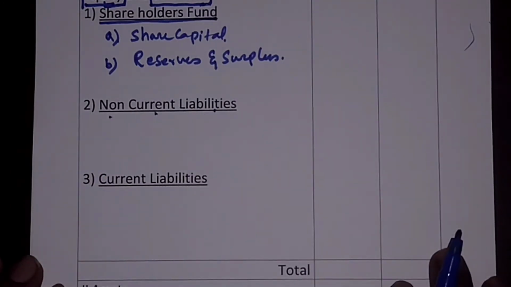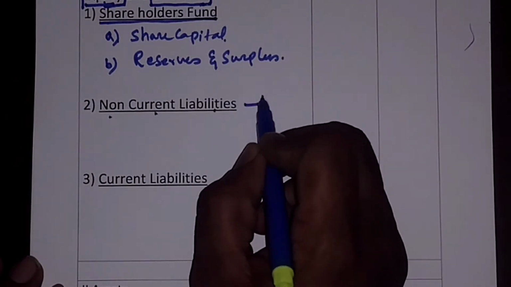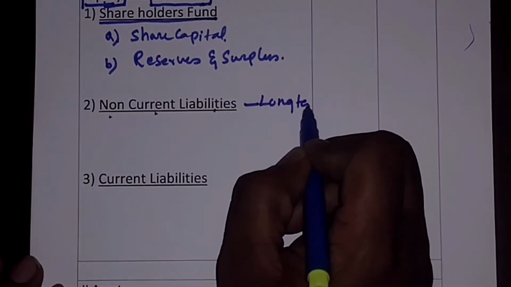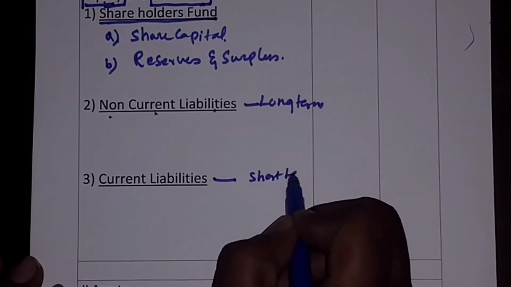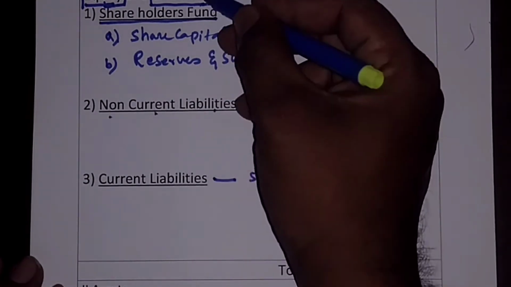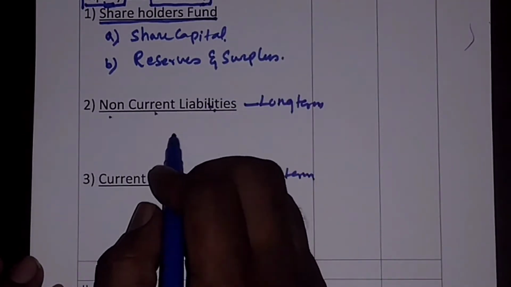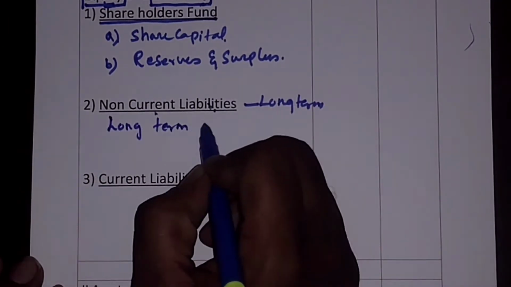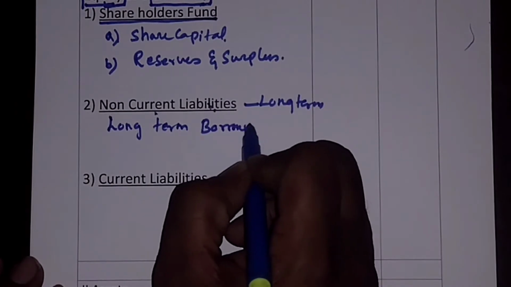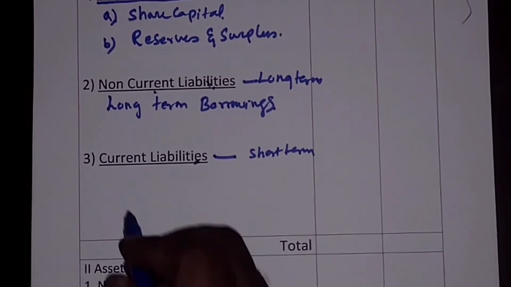Next one is the non-current liabilities. Non-current means long term, and current liabilities means short term. The liabilities are subdivided into long term and short term. Under non-current liabilities, long term borrowings will appear. Under current liabilities, what will appear?